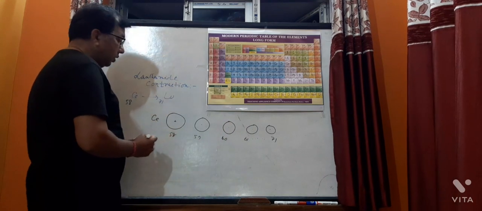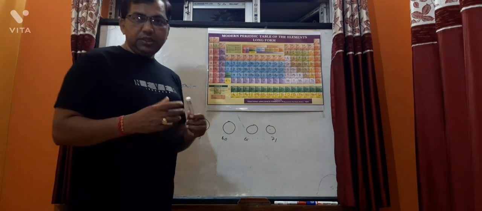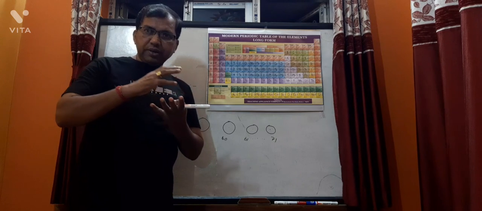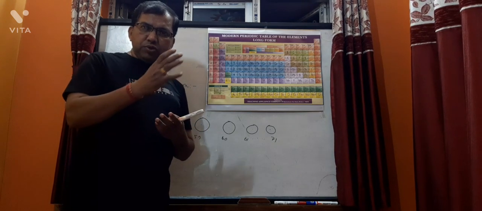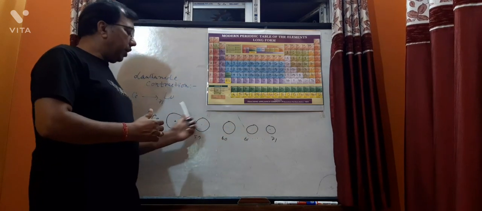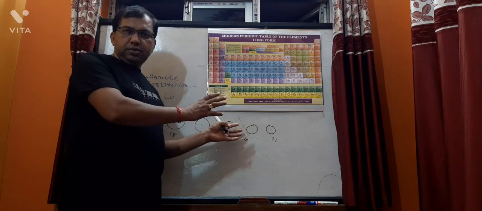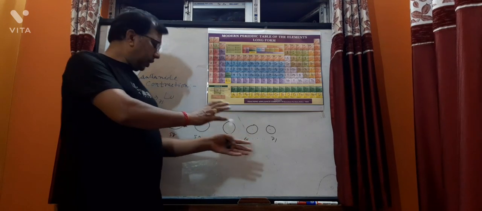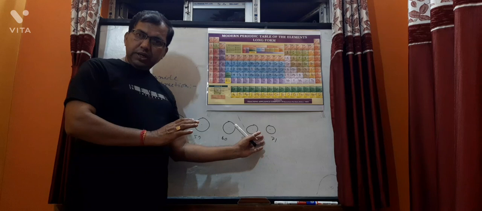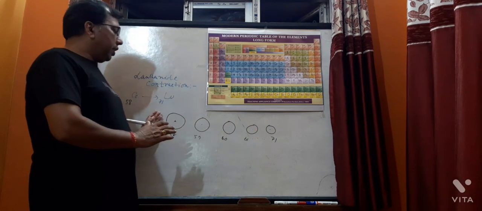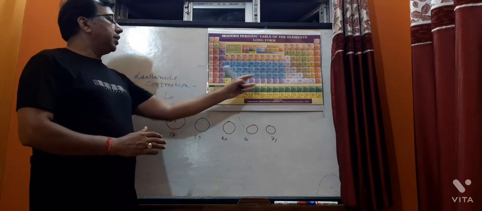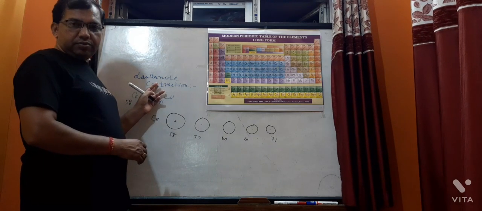So here the size, that is the atomic size or ionic size or atomic radius, gradually becomes smaller from left to right, from cerium to lutetium, in this lanthanide group. That is the lanthanide contraction.